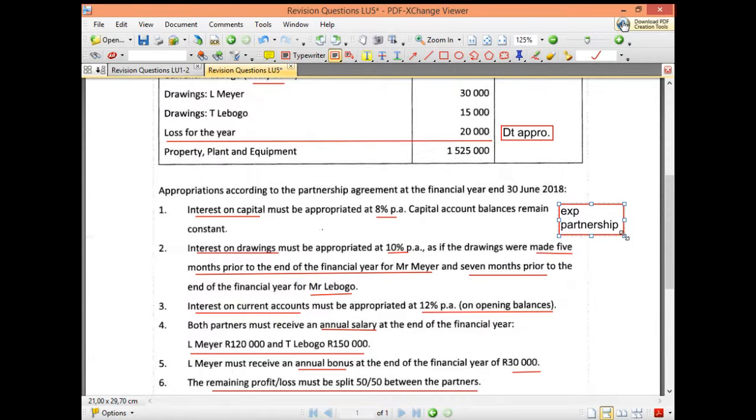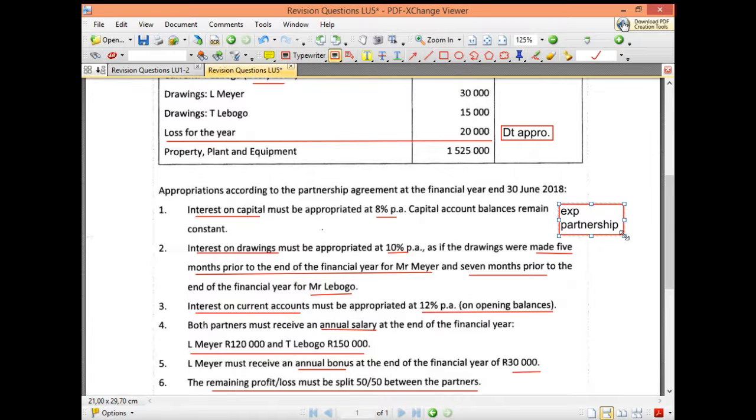Okay, interest on drawings must be appropriated at 10% per annum. And we do it as if the drawings were made 5 months prior to the year end for Mr. Meyer and 7 months prior for Mr. Lebogo. So what that means is they say that Mr. Meyer withdrew this money 5 months before year end, whereas Lebogo took it out 7 months before.